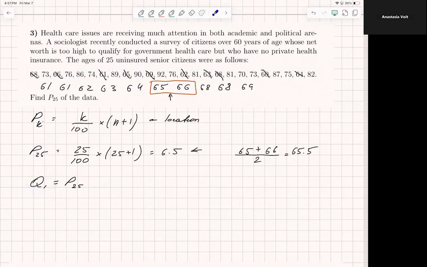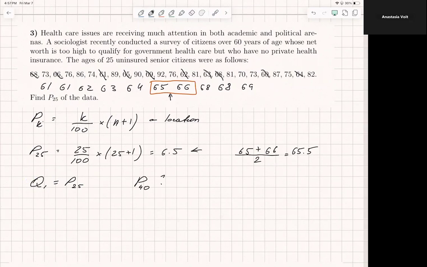You can use Q1 as your P25, or your 25th percentile, because that would be exactly the same. This number is just easier to calculate since it corresponds to quartile one. You cannot use the same technique if I ask you something like, what is the 40th percentile? You will need to do that manually in this case.